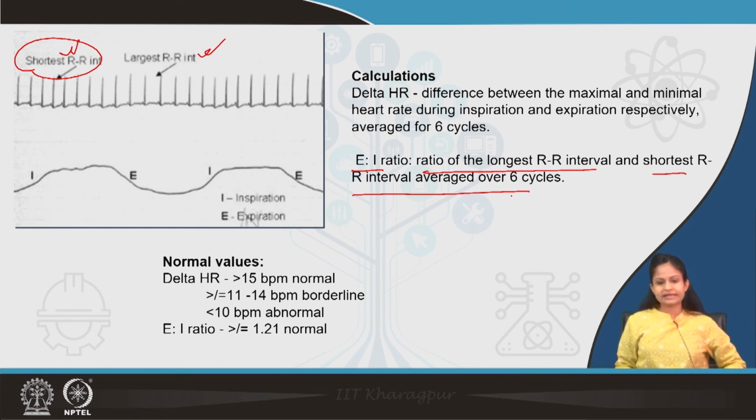The delta HR is the difference between the maximal and minimal heart rate during inspiration and expiration respectively, taken for the 6 cycles. The normal value is a heart rate increase of more than 15 beats per minute; less than that is abnormal. An E:I ratio of more than or equal to 1.21 is considered normal.